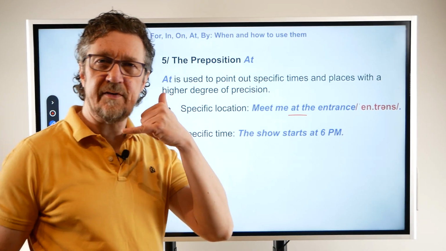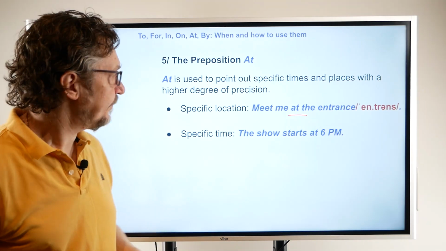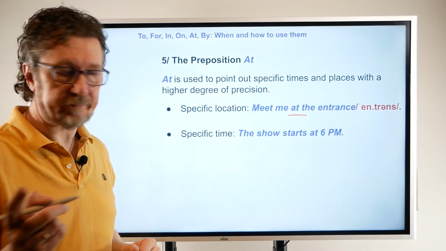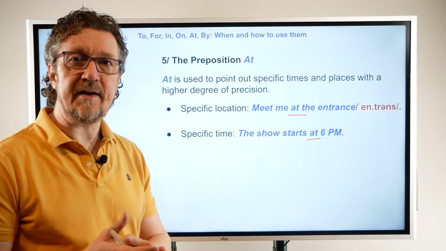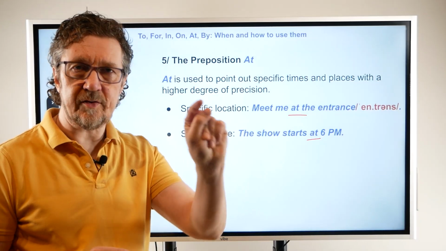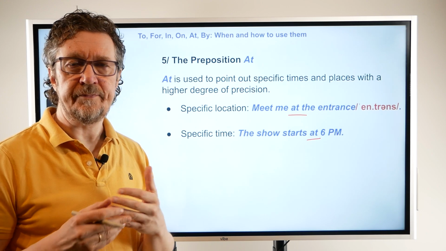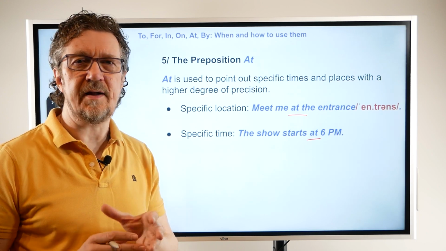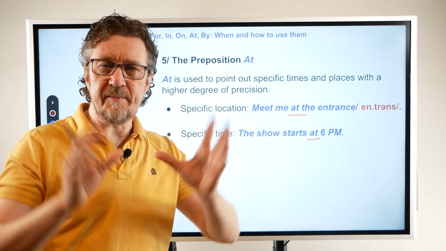You might say that if you're on the phone to someone, meet me at the entrance, okay? Or meet me at the cafe. Specific time. The show starts at 6 p.m, okay? So again, it's signifying a place or a time that's actually distant from where you are. That's important to kind of get in your mind. It's not always a hard rule, but it's good to have that in your mind a little bit.